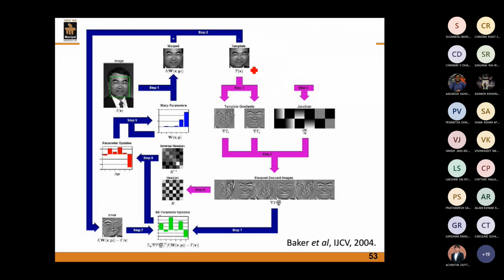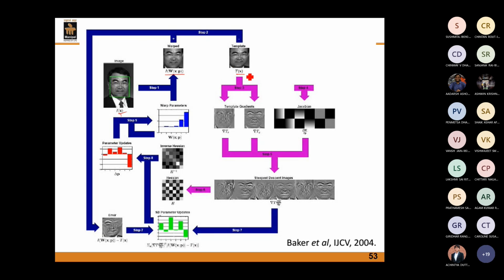This is a pictorial representation of the improved algorithm. Let's say this is the original image, just summarizing the same thing. Instead of the formula, they have given a pictorial representation which shows how exactly it works step by step. You have an original image and this original patch, which can be represented by I of x. From this we can calculate the warped image as well as the template. The warped image is given by I of W of x;p, and the template is given by T of x.